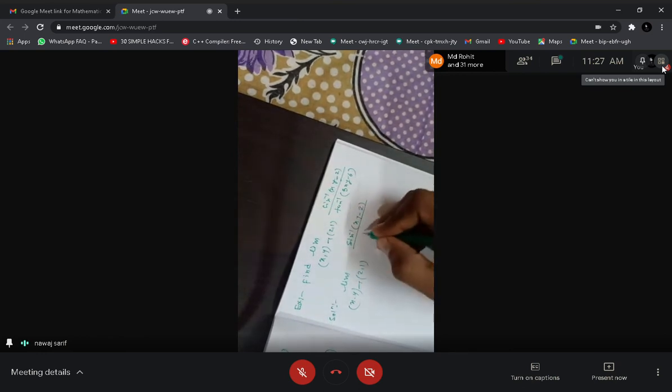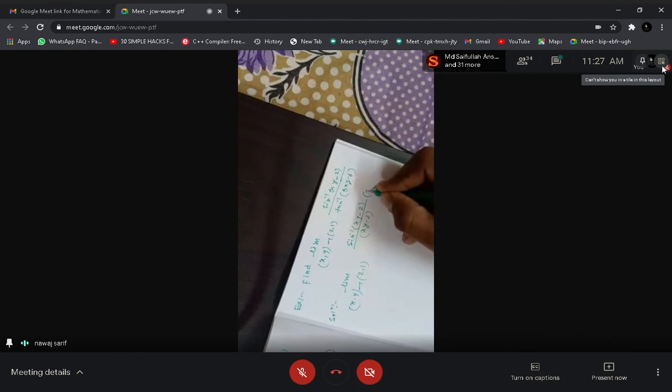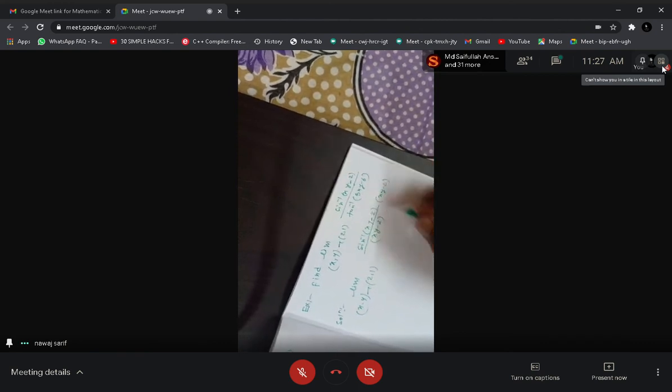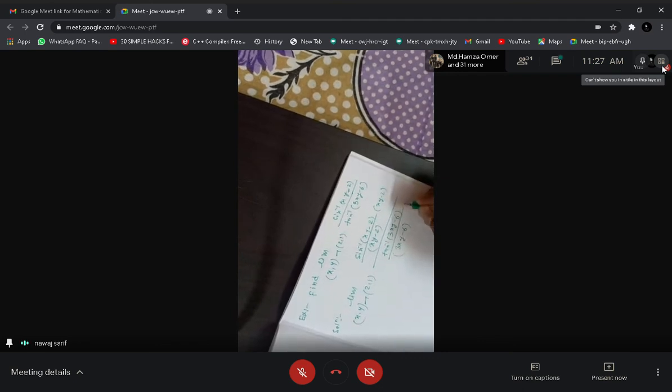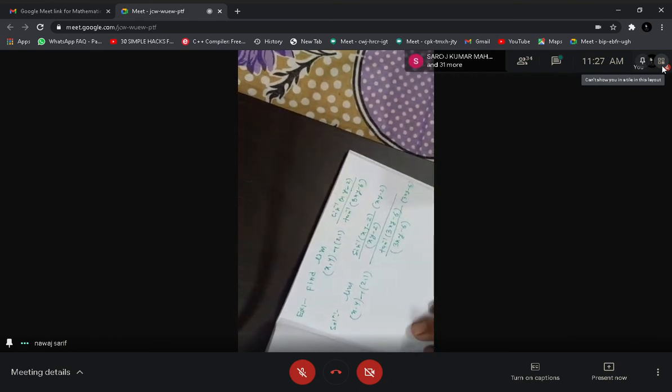Can you divide this by xy minus 2 and then multiply by xy minus 2, then divide this one by tan inverse (3xy minus 6) and 3xy minus 6, and multiply by 3xy minus 6.